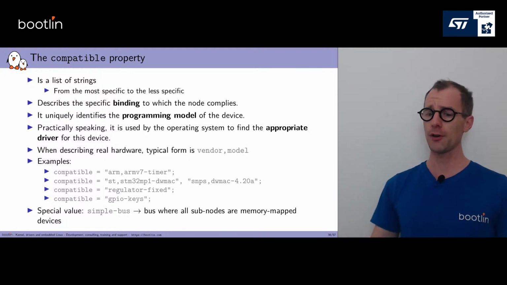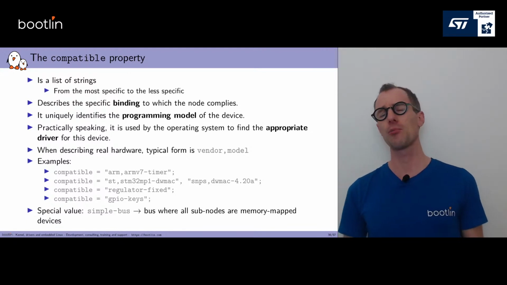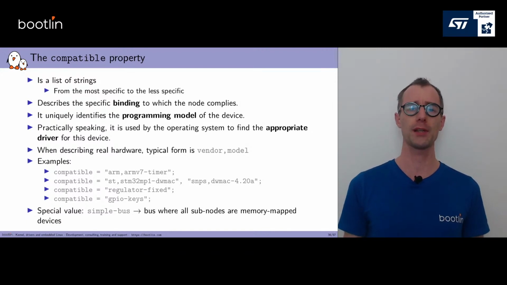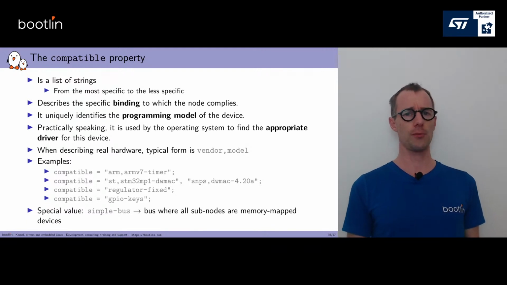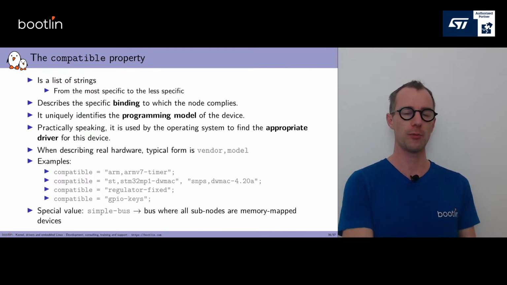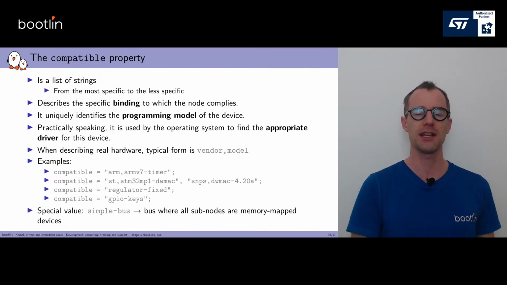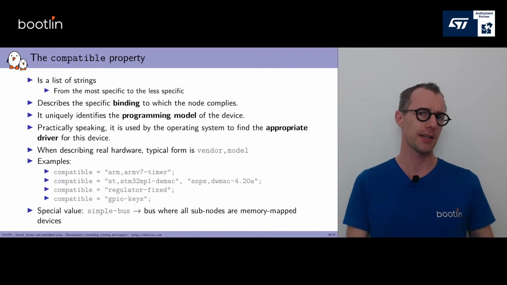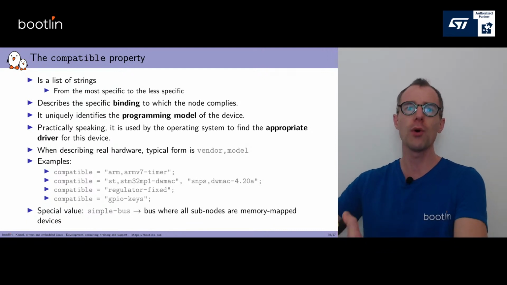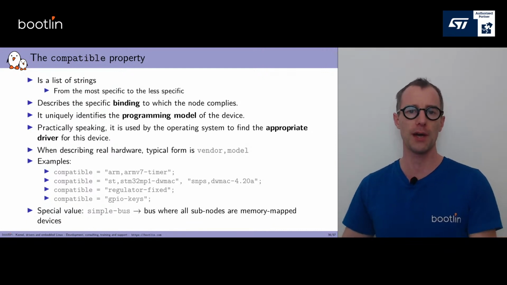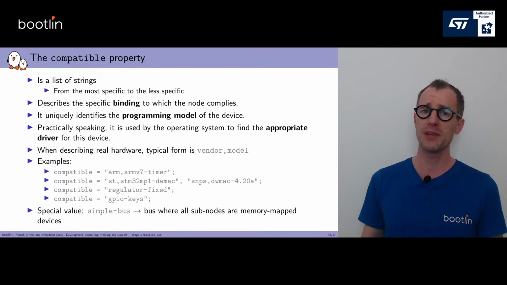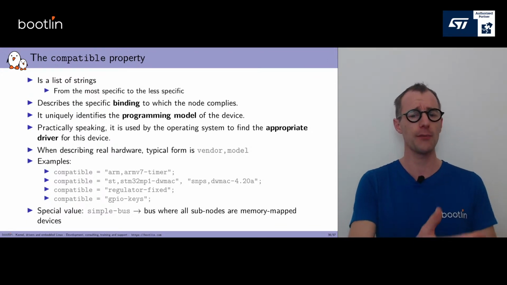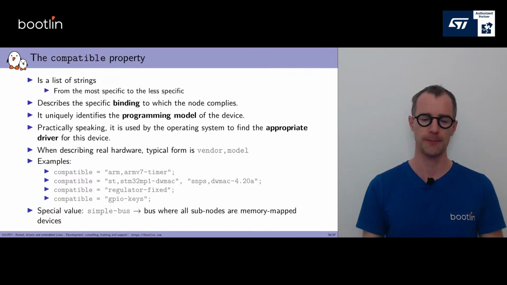But if there's none, we can say in the device tree, okay, but if you have a driver that knows about SNPS DW Mac 4.20a, then it should do the job as well, because our hardware block is kind of the same. Maybe it has additional features on top of that, but with that specific compatible string, it can also work. And then the kernel will go and search for a driver with that and hopefully find a driver which may not be the best, but should be sufficient. That's why we order them from the most specific to the less specific.